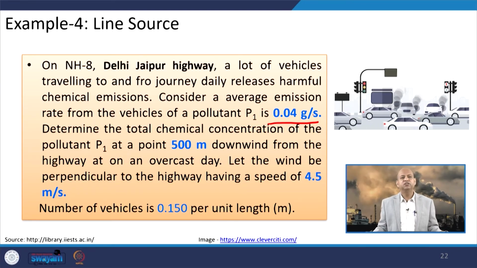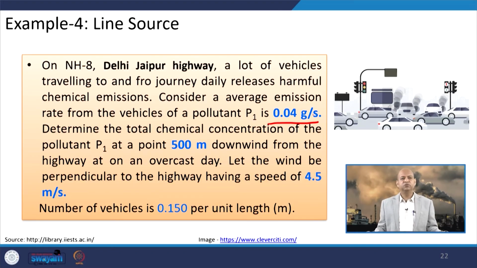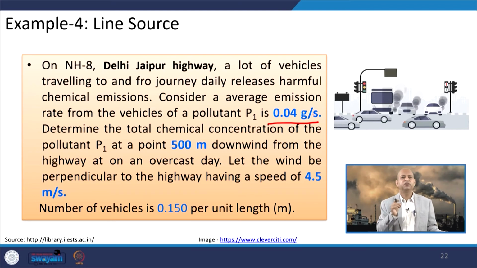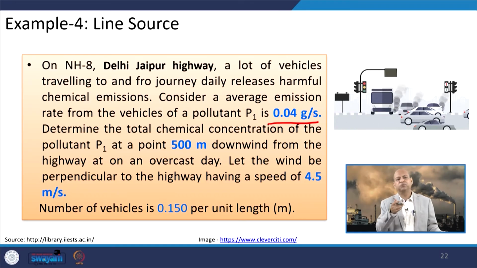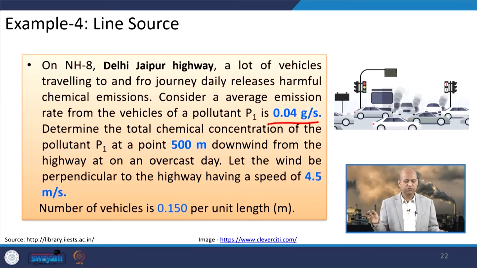The wind perpendicular to the highway is around 4.5 meter per second, and the number of vehicles is 0.15 per unit length, that is per meter. You can say per 100 meter, 15 vehicles are there, that is the number of vehicles going through these lines.